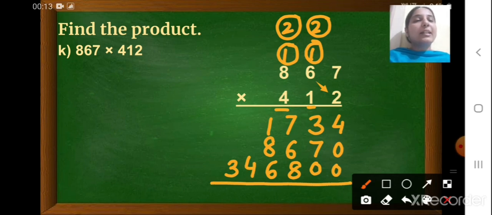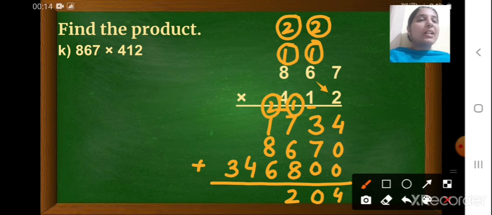Now let's add them. So 4 plus 0 plus 0, 4. 7 plus 3, 10. So 0 we will write here. 1 will be carried over to the next place. So 7 plus 1, 8. 8 plus 6, 14. And 14 plus 8, 22. So 2 we will write here and 2 will be carried over to the next place.